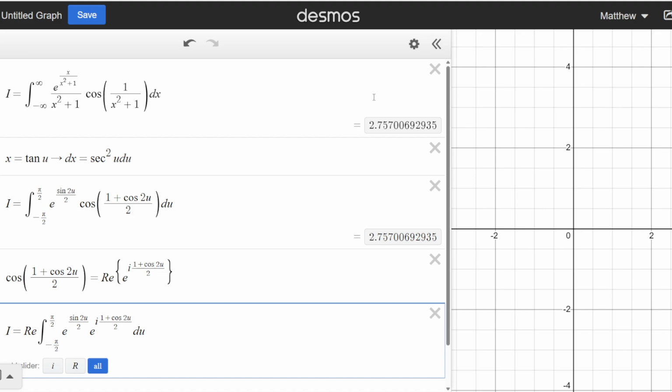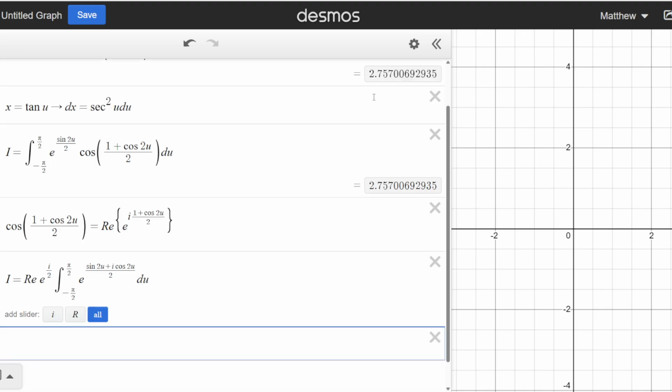Notice that right here, this is just going to be e to the i over 2 times e to the i cosine 2u over 2. And e to the i over 2 is a constant, so we can bring that right out. So let's bring the e to the i over 2 right outside our integral and get rid of that part. And let's bring this upstairs, and then we can just put all this together into one exponent, just like that.